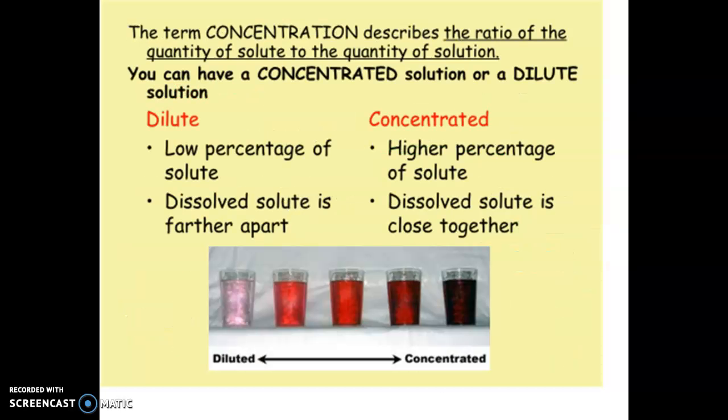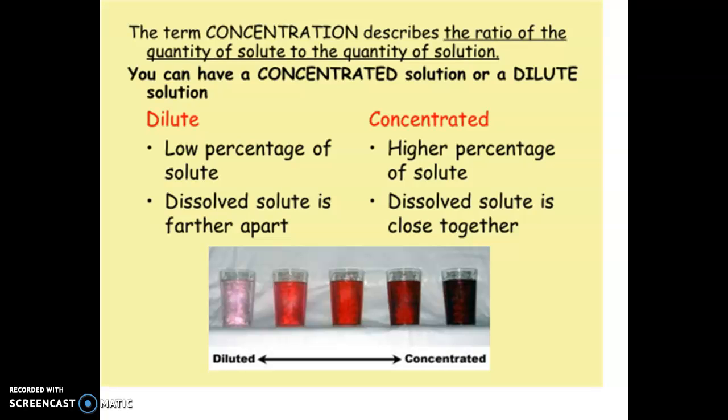Okay, you're going to see these terms come up time and time again in this unit. When we say the term concentration, concentration refers to essentially how much solute we have in the solution.